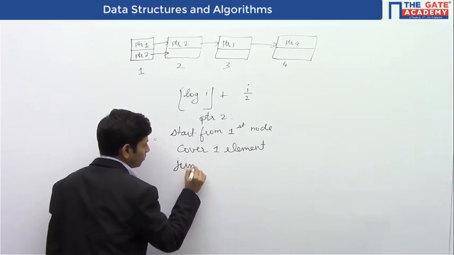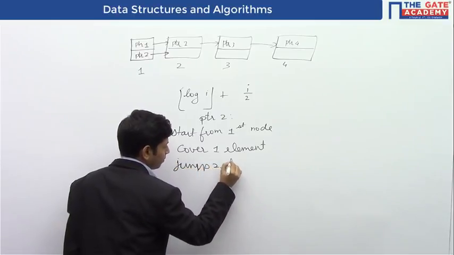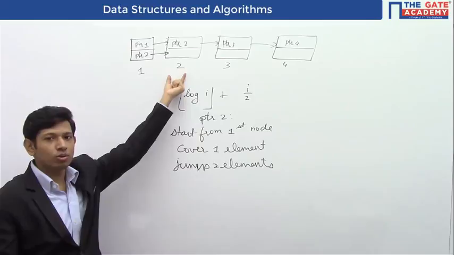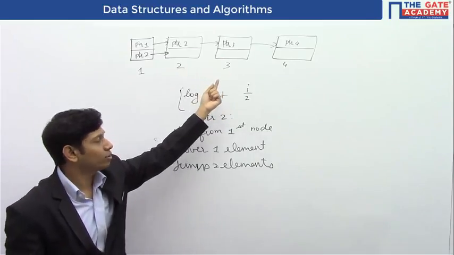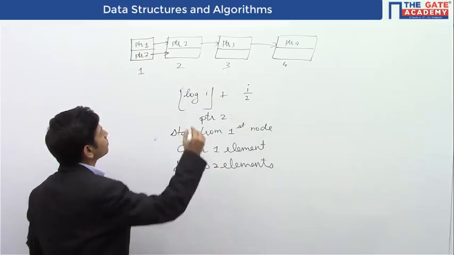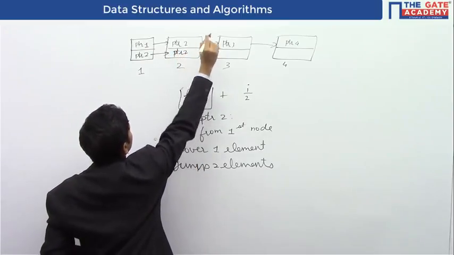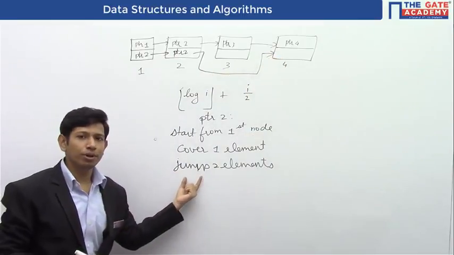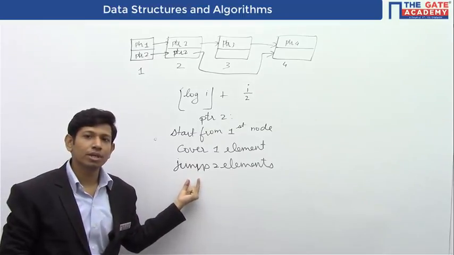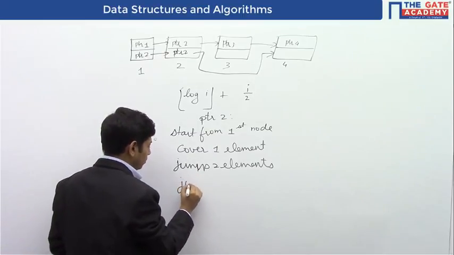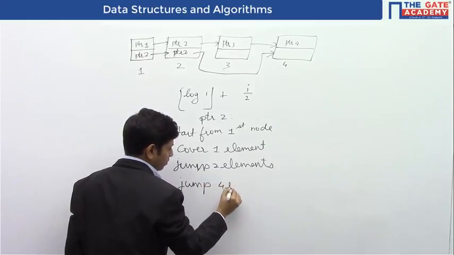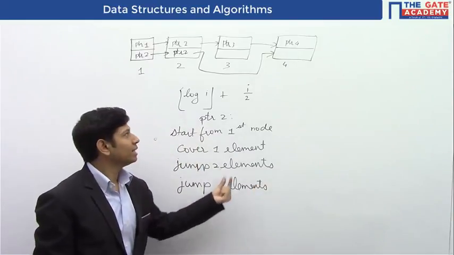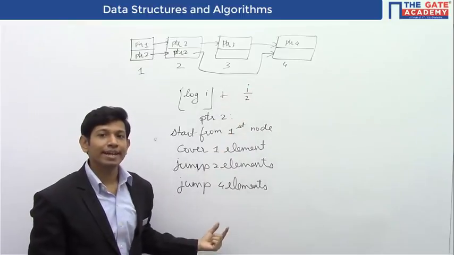So the second pointer of the next node will not connect to 3, it will connect to 4. Now we have reached node 4, so now we will jump 4 elements. Since we are jumping 4 elements, the second pointer of node 4 will connect to node 8.